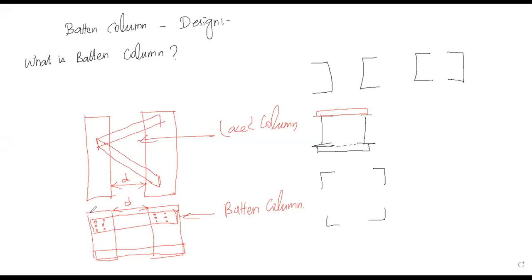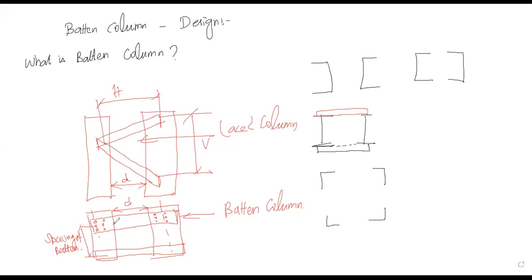Similarly, the center to center distance between the bolted connections is nothing but the spacing of batten. Here we say this one as the horizontal spacing H, and this one is the vertical spacing in the laced column.